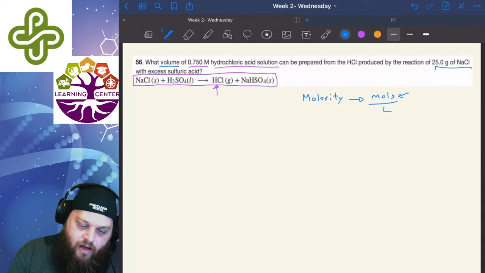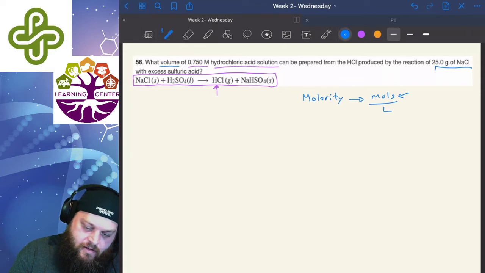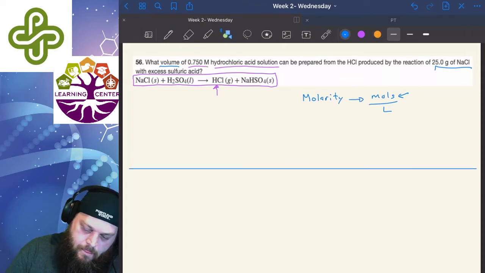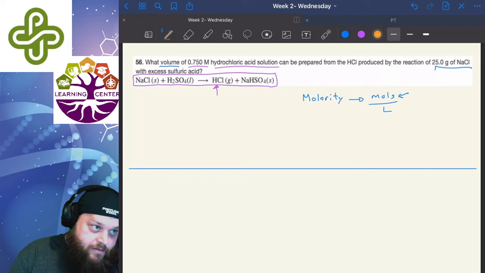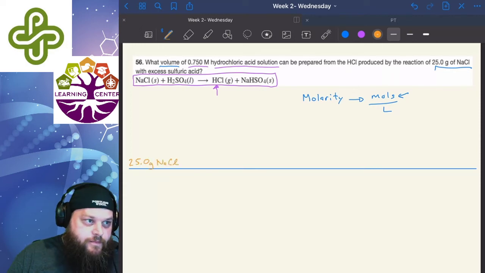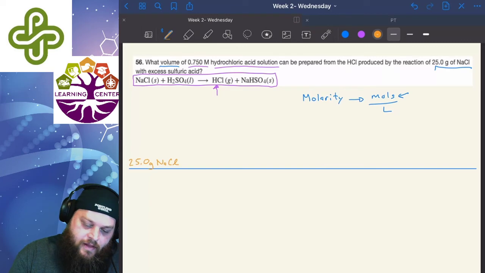So we start off, again, with my reaction line. We start off with 25.0 grams NaCl. And we need to convert that now to moles. It's always a good first step. Get it into moles.